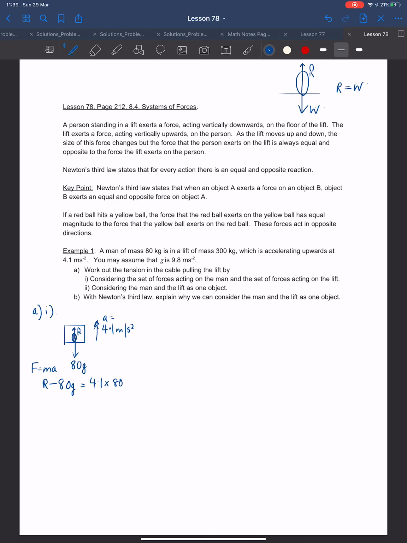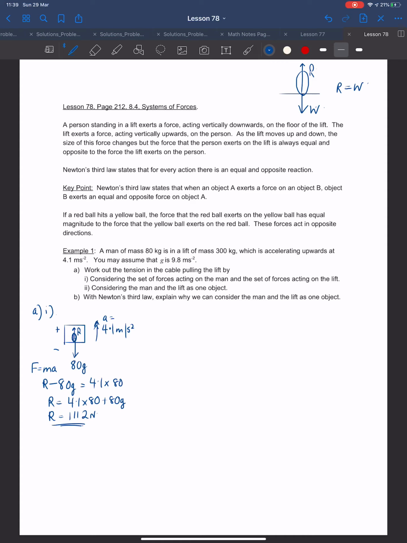We've got a normal reaction minus 80g, that way is positive, that way is negative, equals 4.1, that's the acceleration, times the mass of the man, which is 80. So the normal reaction is 4.1 times 80 plus 80g, which is 1,112 newtons.